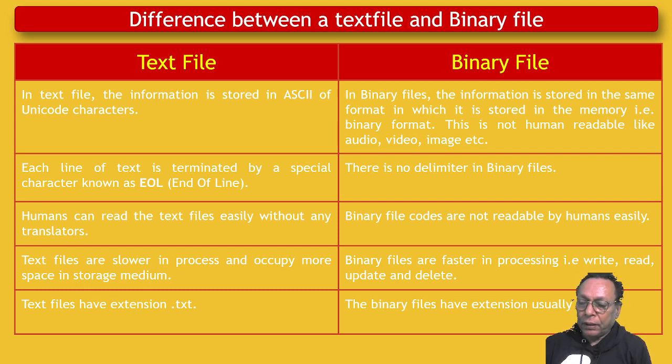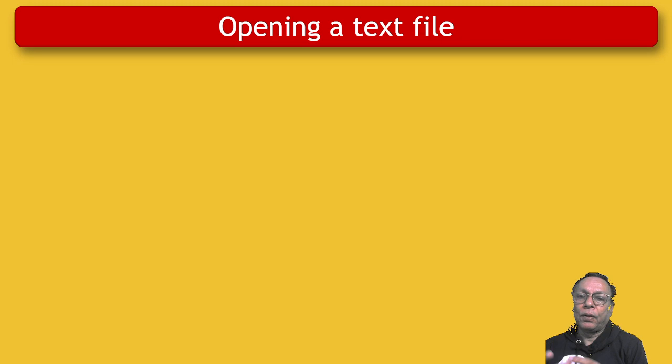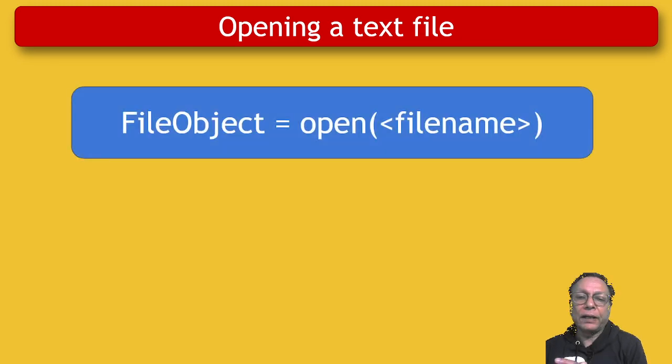Okay, the next is how to open a text file. Opening a text file. So to open a text file, this is the syntax: file object is equal to open file name. Here, this file name is created on the storage medium, and this is the function.